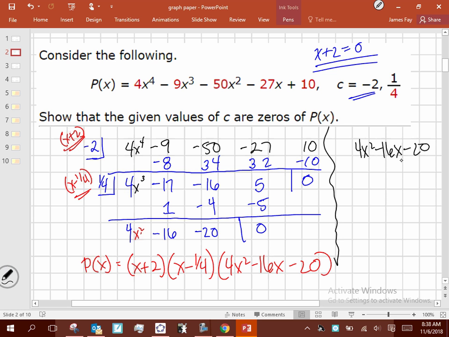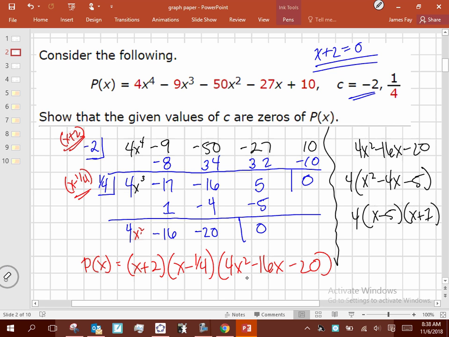So don't let that 4 disappear. Okay? So I'm just going to bring the 4 out like this. It gives me x squared minus 4x minus 5. And now that's going to factor to x minus 5, x plus 1. And I still got that 4 out there, right?